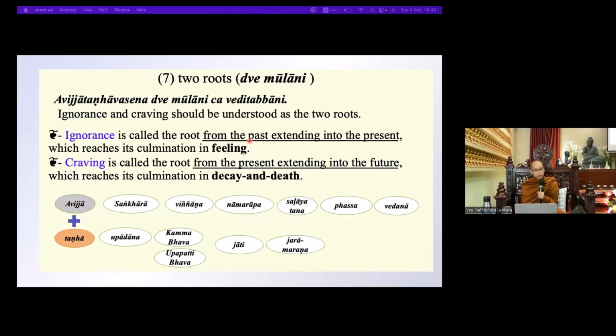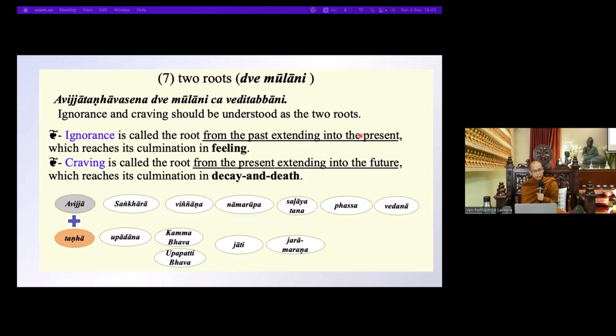So starting from the past, ignorance, the power of the root of ignorance arises up to feeling. After the feeling, craving takes over as the present root. So past root, present root, extending to the future.